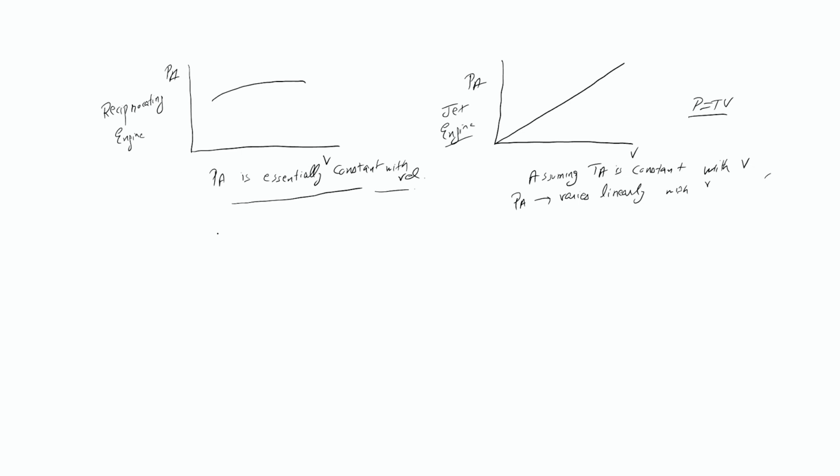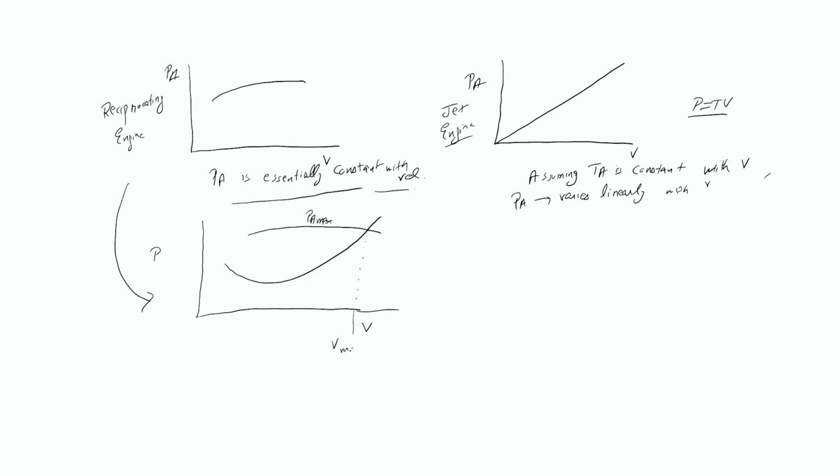Now let us plot these two together. You will see a lot of curves between power and velocity for both reciprocating and jet engines. So this was the power required, that remains the same, and the power available will be almost constant. This is for the reciprocating engine, and the intersection of these will represent your Vmax.